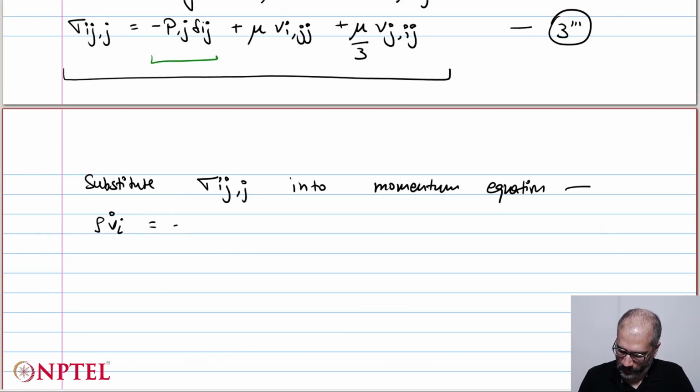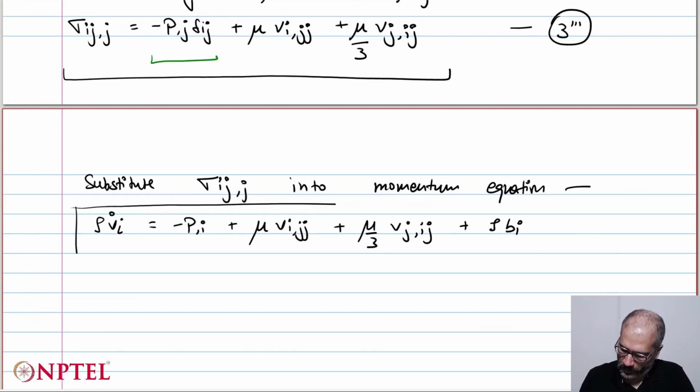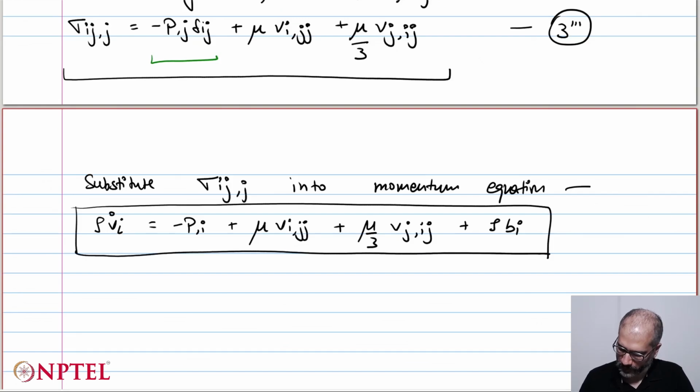So this becomes minus p comma i plus mu vi comma jj plus mu by 3 times vj comma ij, and then we have the body force rho times bi. So I will box this because this is the Navier-Stokes equations that we were looking for.